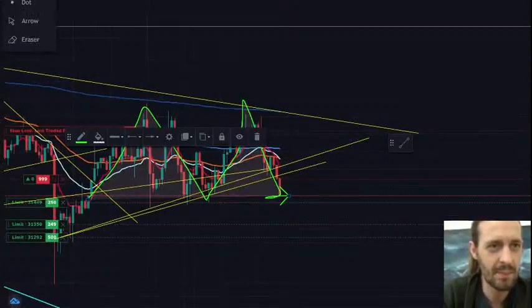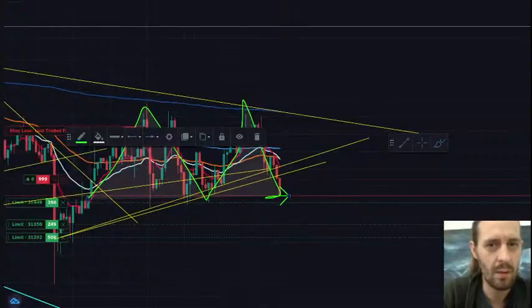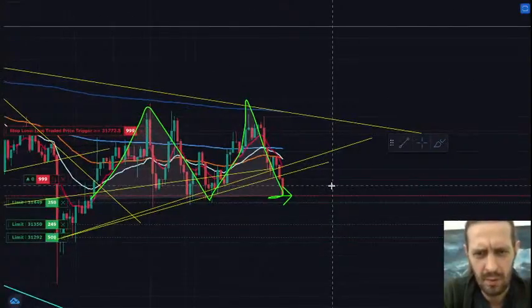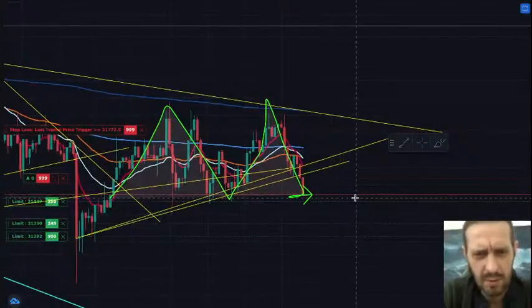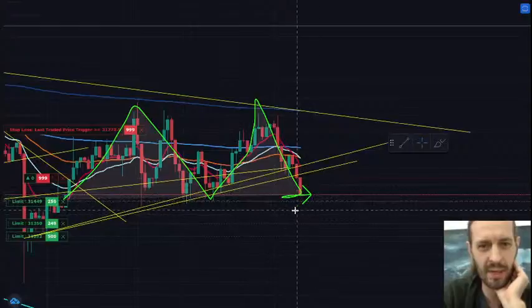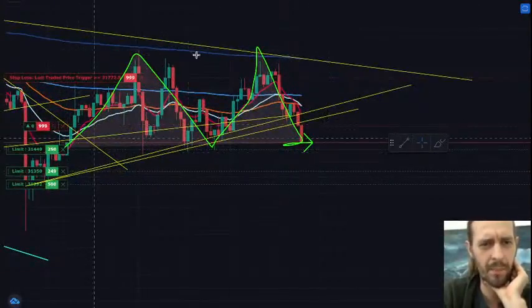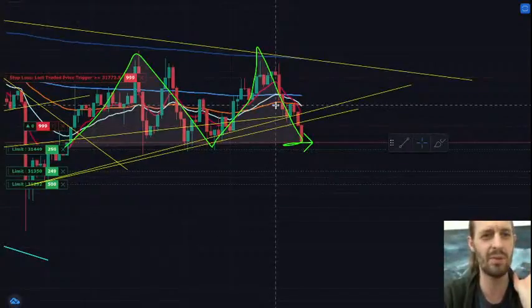Wait a second. Alright. So, and if we break this area, this neckline of the double top, the M, did I say W before?